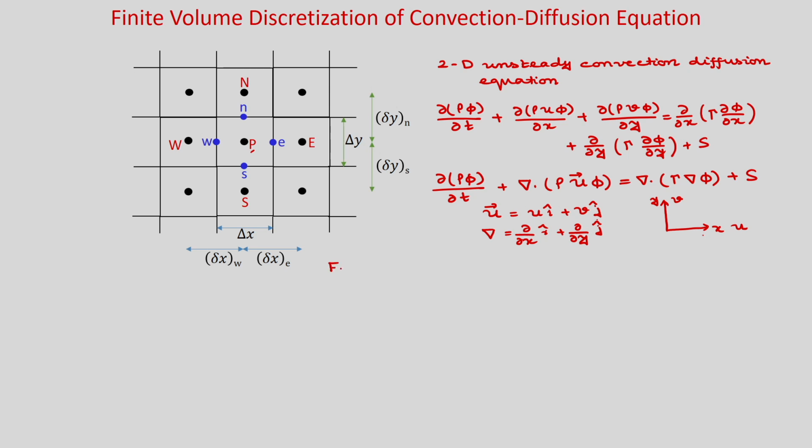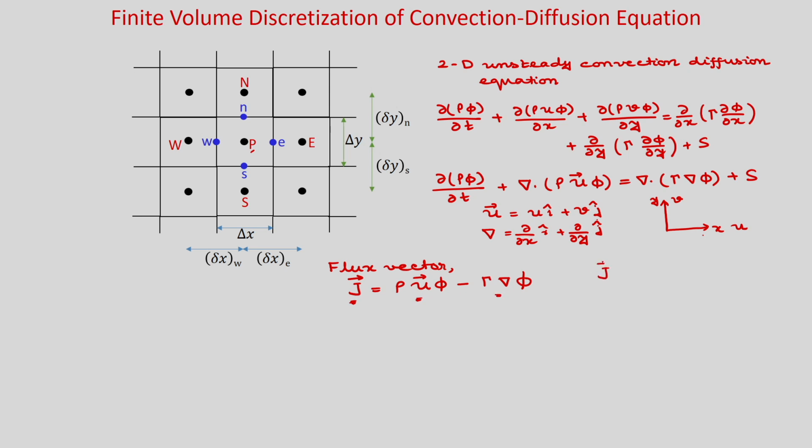So, let us introduce the flux vector. Your flux vector J we can write as rho u phi minus gamma grad phi. This flux vector now has two components, one is the convection term and one is the diffusion term.